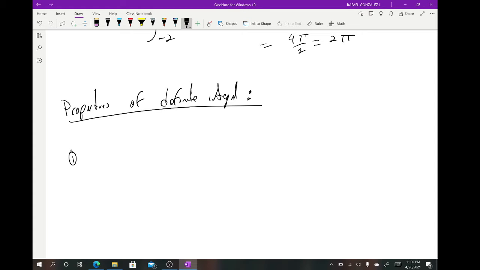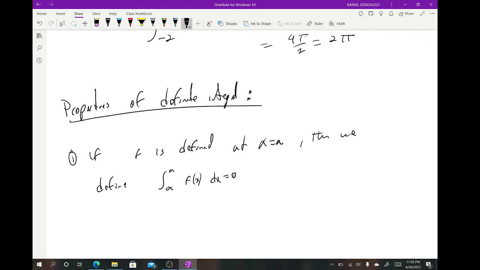Number one, if f is defined at x equals a, and we define the definite integral from a to a of f of x dx, this is equal to 0.